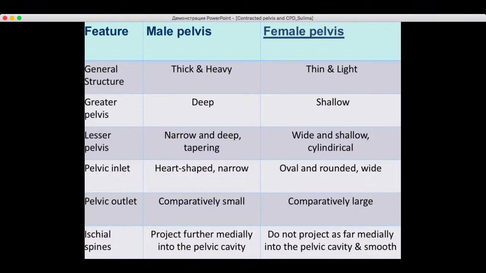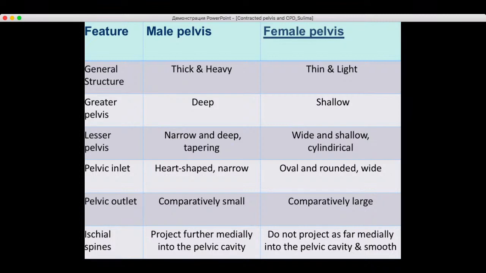The greater pelvis is deep in case of the male pelvis and shallow in case of the female pelvis. The lesser pelvis, that's very important for the obstetricians. In case of the male pelvis, it's narrow and deep and tapering, and in case of the female pelvis, it's wide and shallow and cylindrical, normally, usually.